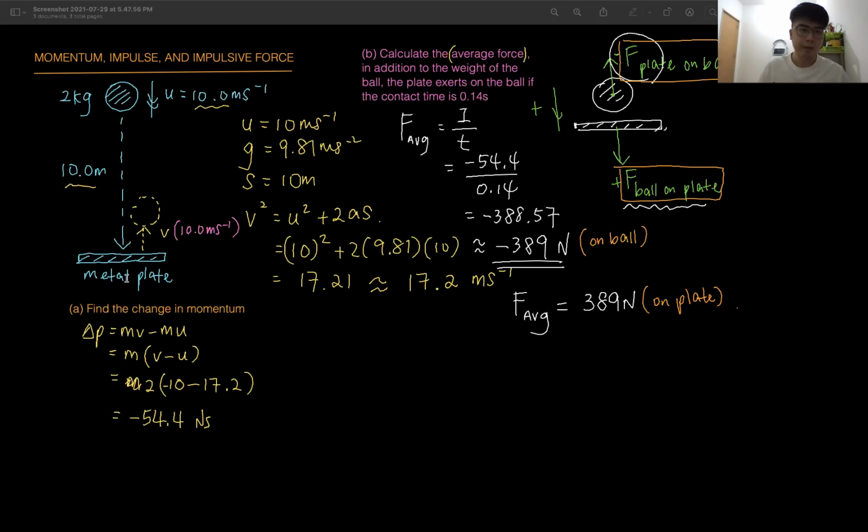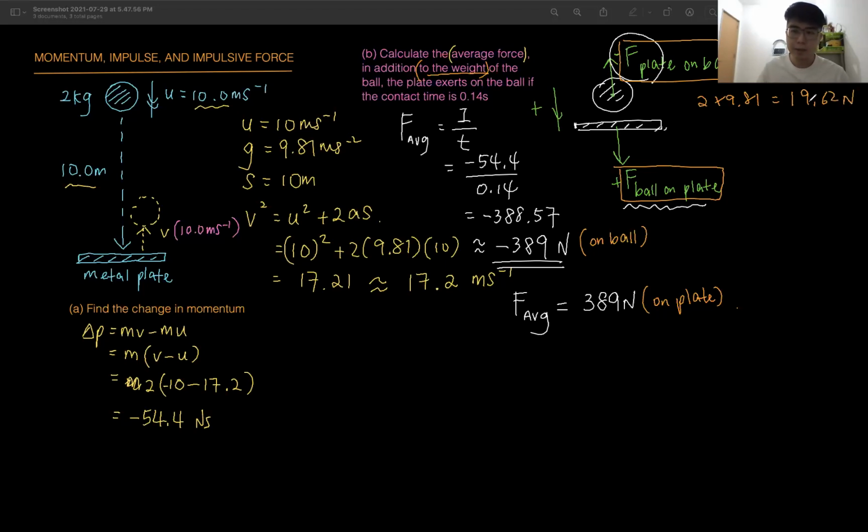Okay, now A, B done. Let's do C. We haven't finished. This is the force acting on the ball, right? This is due to the impact force. And the question says, in addition to the weight, so you have to include the weight. What is the weight? 2 kg, so 2 times 9.81, that's 19.62 Newton.